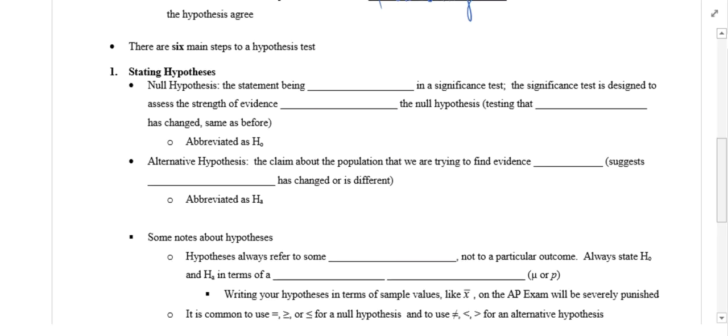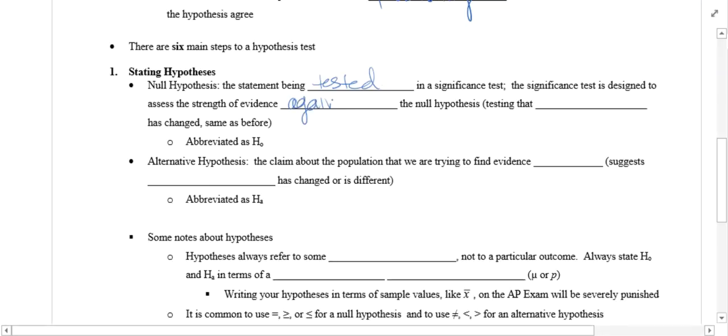A null hypothesis is the statement being tested in a significance test. The significance test is designed to assess the strength of evidence against the null hypothesis. This is a great multiple choice question.